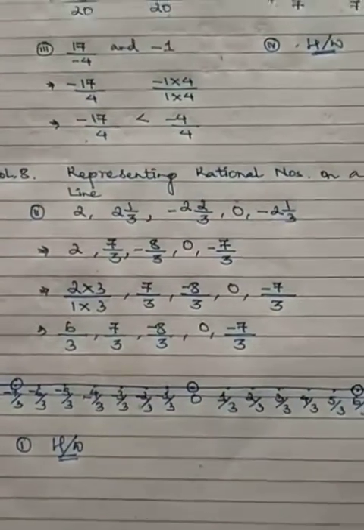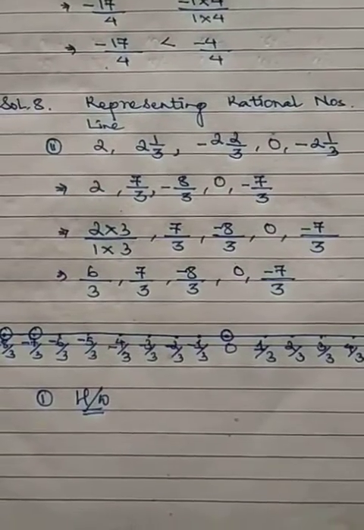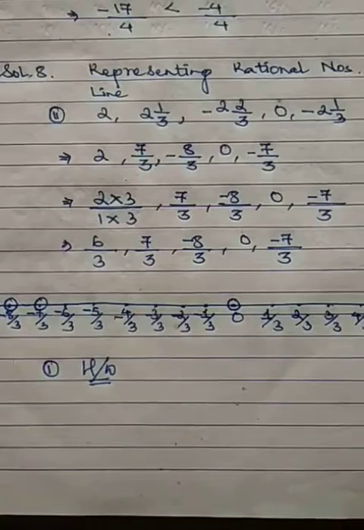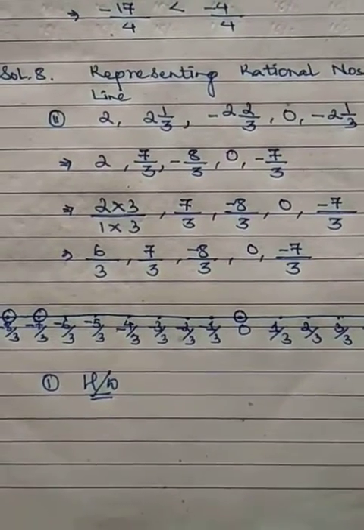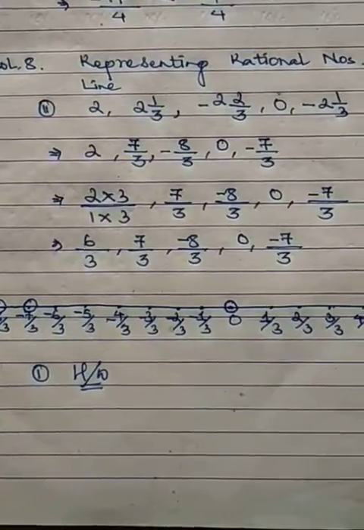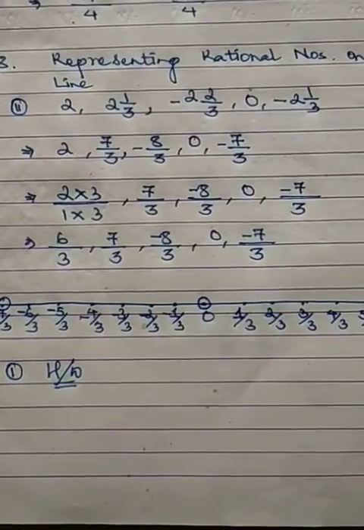So we know that we cannot operate on mixed fractions, so we need to convert mixed fractions to improper fractions first. So what I have done here is converted the second term to 7 by 3, third term to minus 8 by 3, and the fifth term to minus 7 divided by 3.